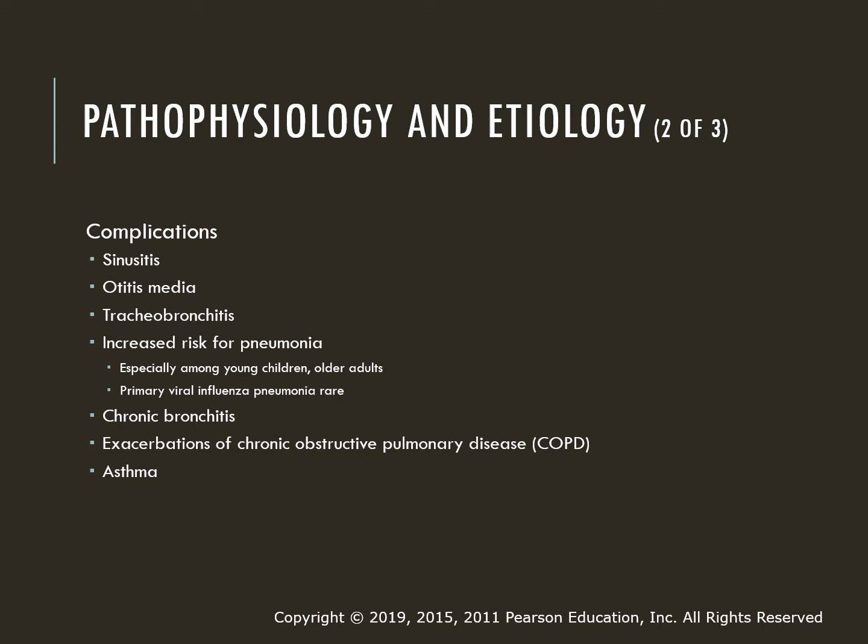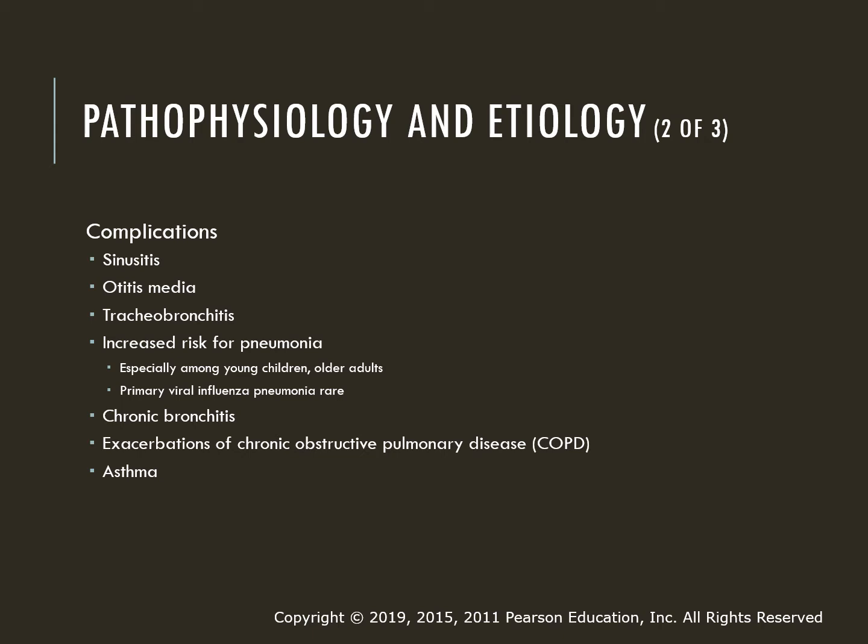Primary influenza viral pneumonia, while uncommon, is a serious complication that may be fatal. It typically develops within 48 hours after the onset of influenza, often in patients with pre-existing heart valve or pulmonary disease. Influenza pneumonia progresses rapidly and can cause hypoxemia and death within a few days.